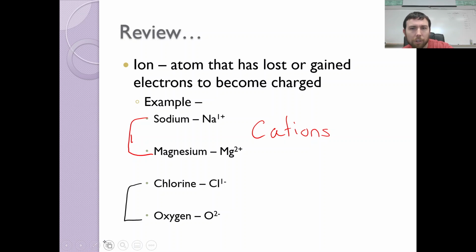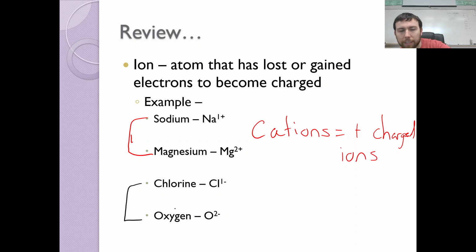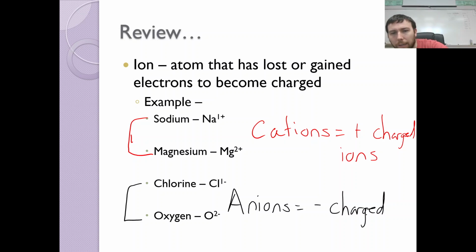So positively charged ions are cations, and then our negatively charged ions like chlorine and oxygen here would be considered, if you remember, anions. So those are negatively charged ions. All right. And that, ladies and gentlemen, is our introduction to chemical bonding.